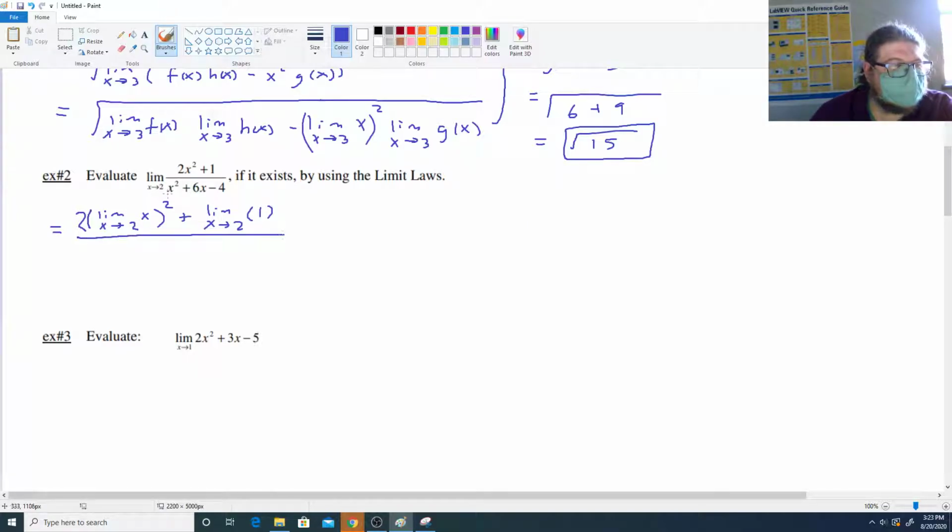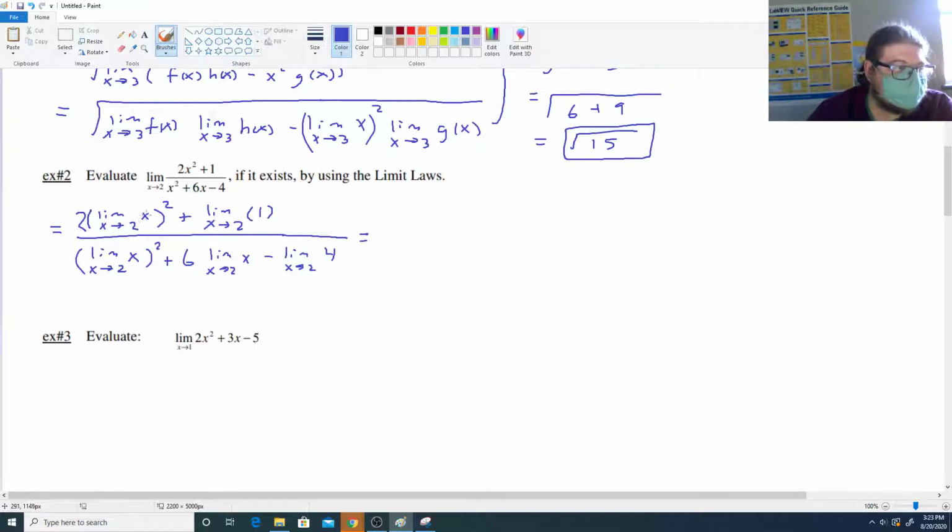All that over the limit as x approaches 2 of x squared, plus the constant 6 out front, the limit as x approaches 2 of x, minus the limit as x approaches 2 of 4.